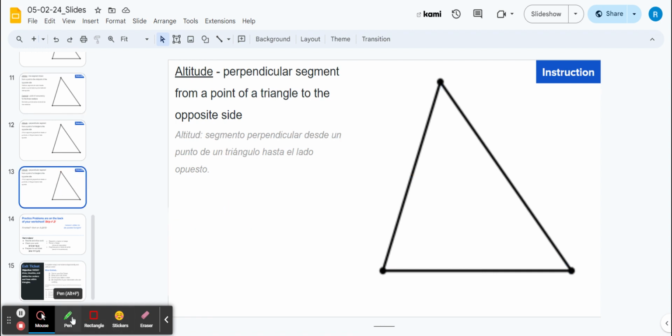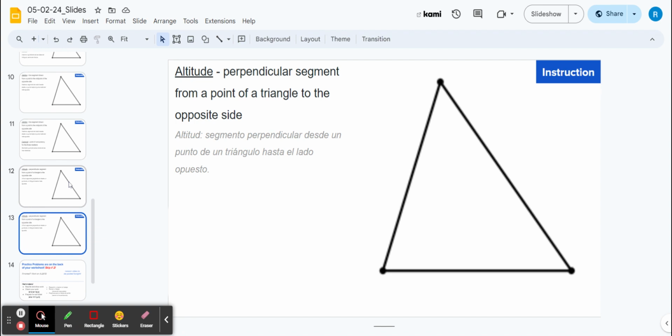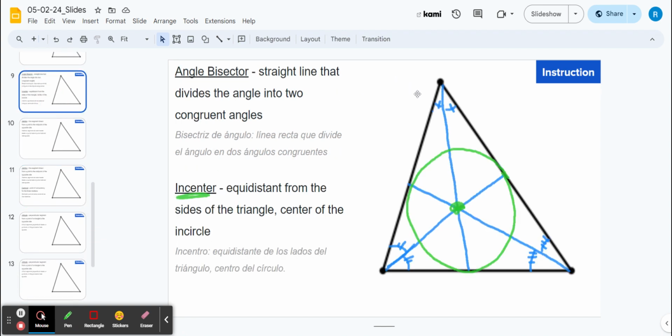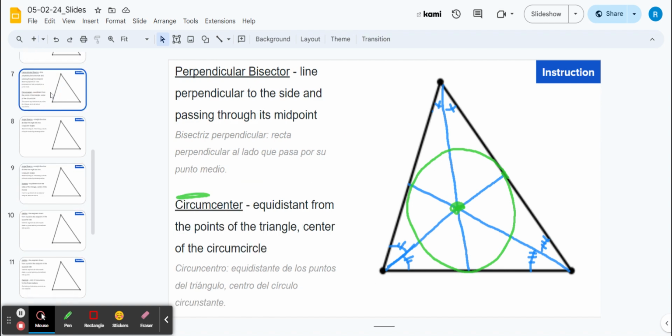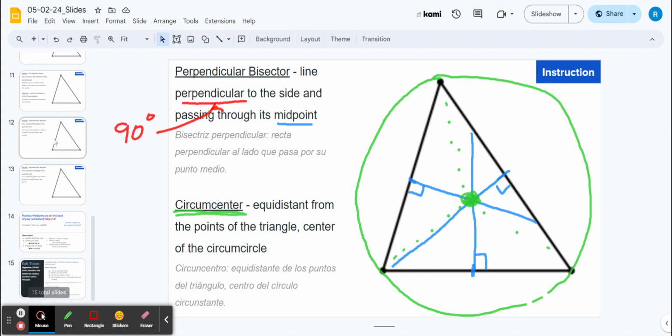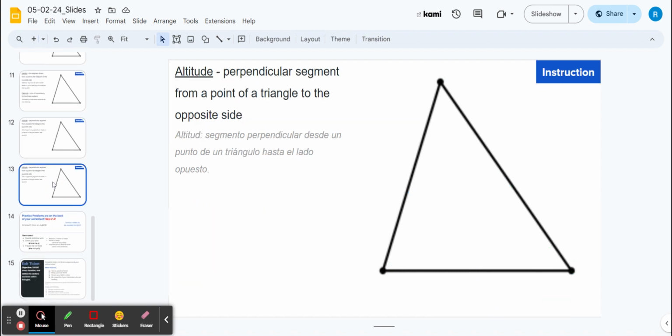All right, last one, dealing with altitude. This is a perpendicular segment from a point on the triangle to the opposite side. So we have done a couple of these dealing with points. The median dealt with the point, the angle bisector dealt with the point, but our perpendicular bisector was the only one so far that dealt with perpendicular. So we go back down to what we're working on here with our altitude, and we are going to start at this top point here.